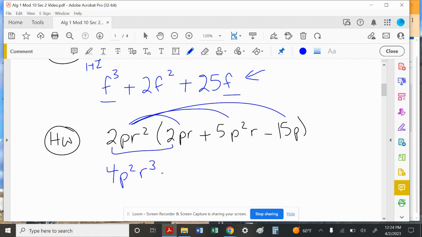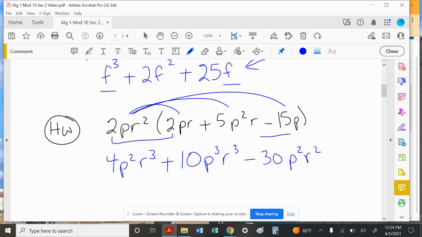In the second one, we have plus 2 times 5, which is 10, p times p squared, which is p to the third, and r squared times r, which is again r to the third power. And then 2 times negative 15, because we have that negative in front, is negative 30, p times p, which is p squared. There is no r, so that just becomes r squared.